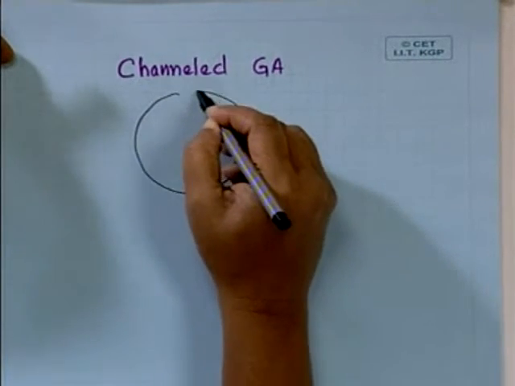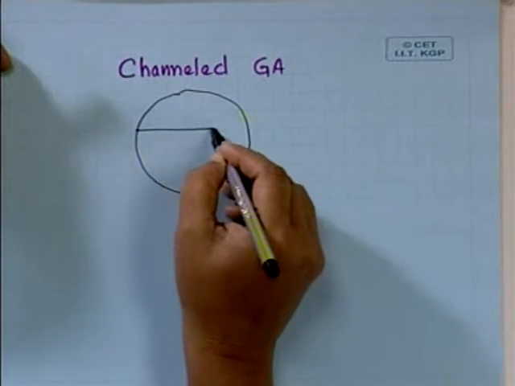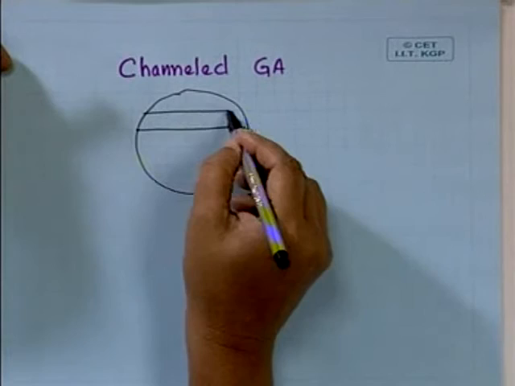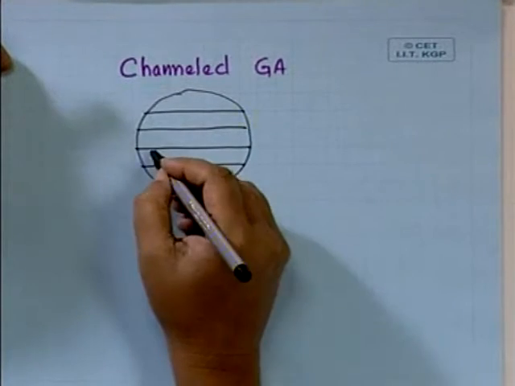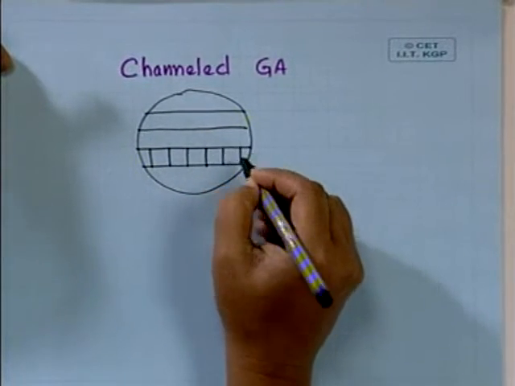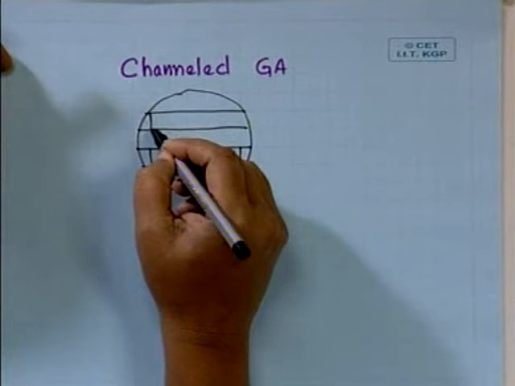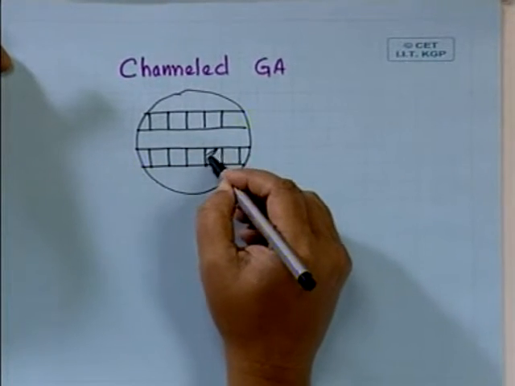So this is one base cell. See here, this is the array of base cells.